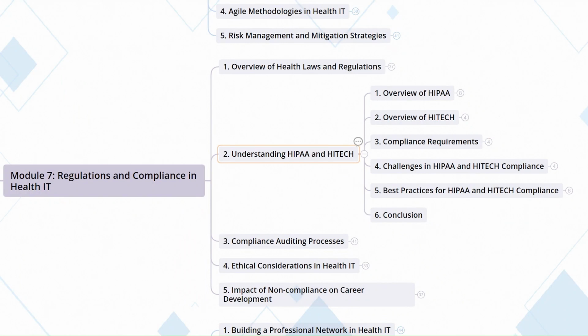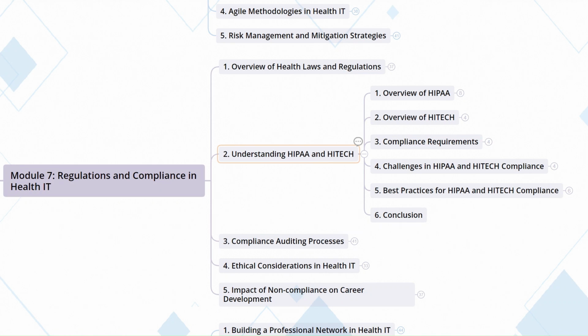The Health Insurance Portability and Accountability Act, also referred to as HIPAA, and the Health Information Technology for Economic and Clinical Health Act, also referred to as the HITECH Act, are foundational regulations that govern the privacy and security of health information in the United States.